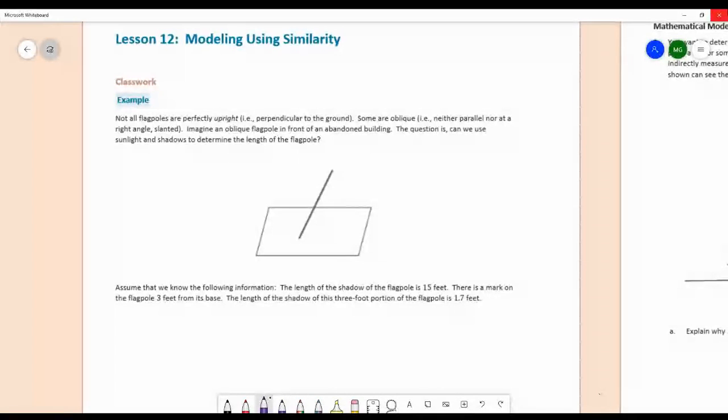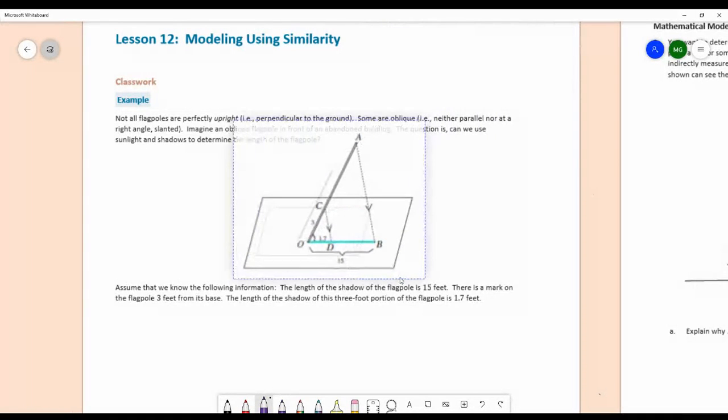There is a mark on the flagpole 3 feet from the base, and the length of the shadow of that little 3-foot section is 1.7 feet. So we can go ahead and draw this out. And when you draw this, you're going to be drawing a 90-degree line. It's going to be parallel because it's on the ground.